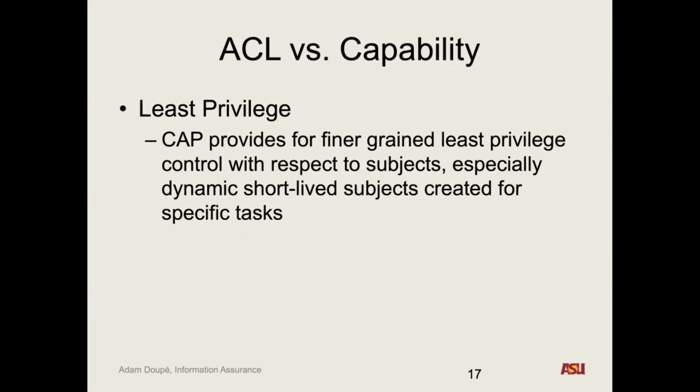So another interesting thing here is this concept of least privilege, which we've mentioned before. Least privilege is the idea you should only have access to the things that you need to do your job and nothing more. Because capability lists focus more on the subjects, we can ensure that the access they have is limited to just what they need to do their jobs.